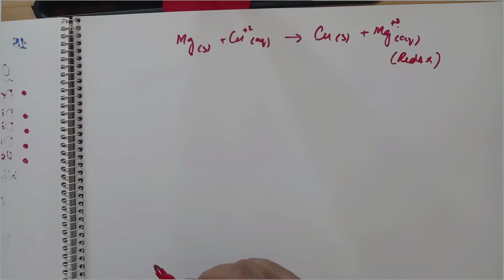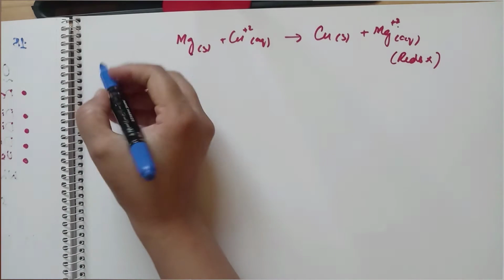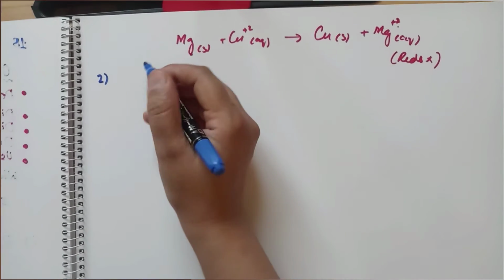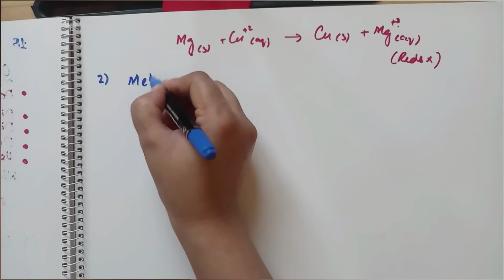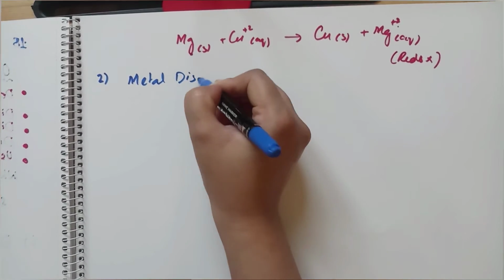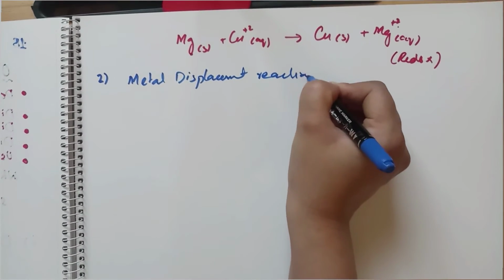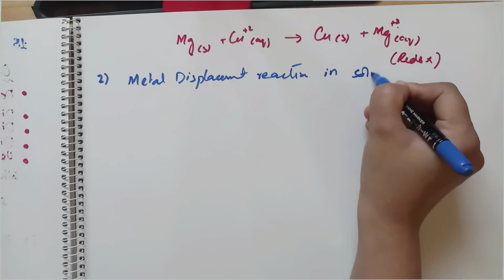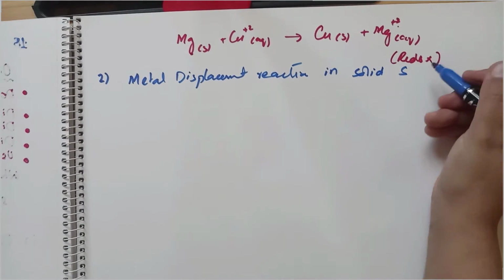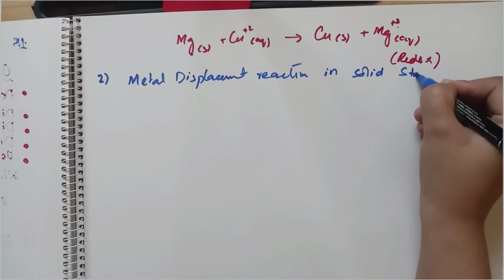Is it clear? Okay, take another example, number 2, the metal displacement reaction in solid state. Solid state means all the reactants and products are in the solid state.